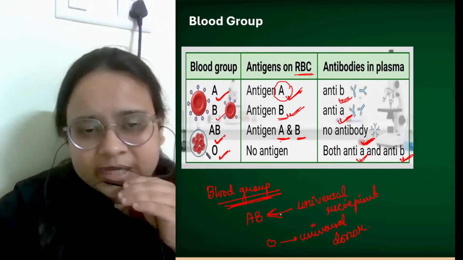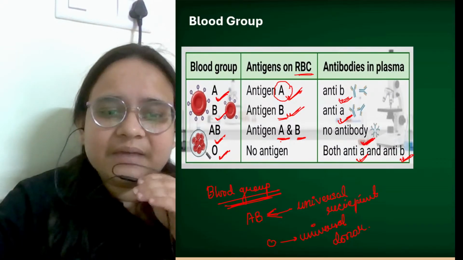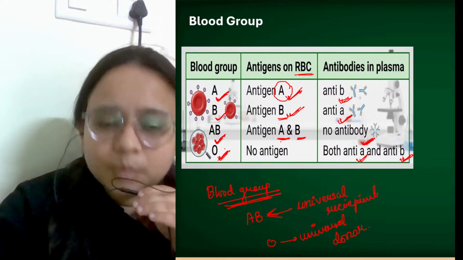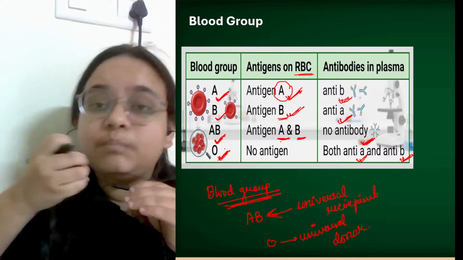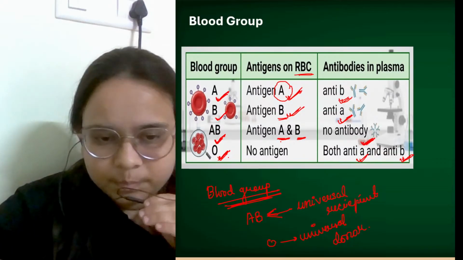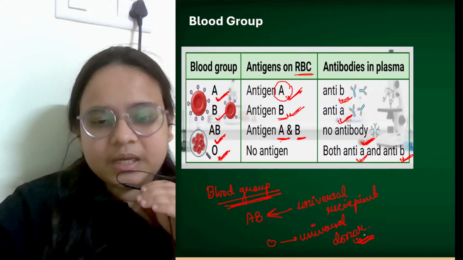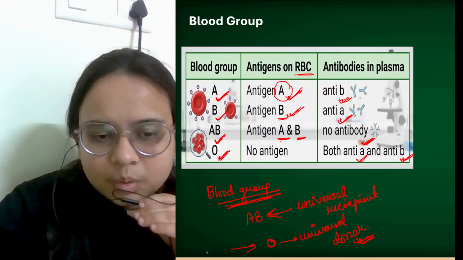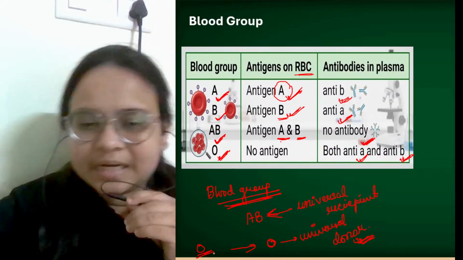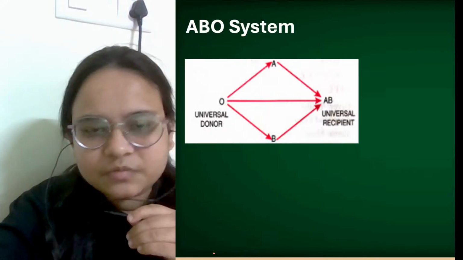That means anybody who is having blood group A, anybody who is having blood group B, or anybody who is having blood group AB, or even if anybody is having blood group O, he or she can receive blood from all these people, whoever is carrying all these blood groups. Whereas O can only donate, and O can receive blood only from O blood group people only. ठीक है, and why is it so, that we are going to discuss, right? Okay, now let's move to the next slide.